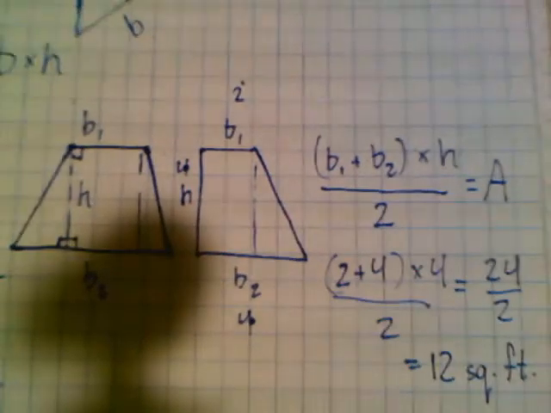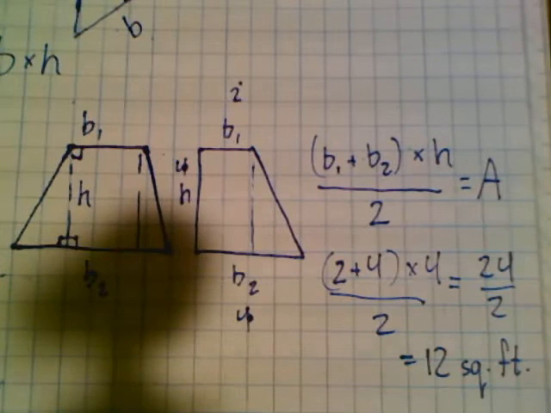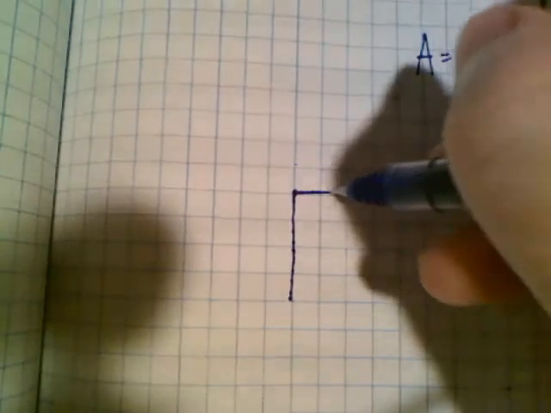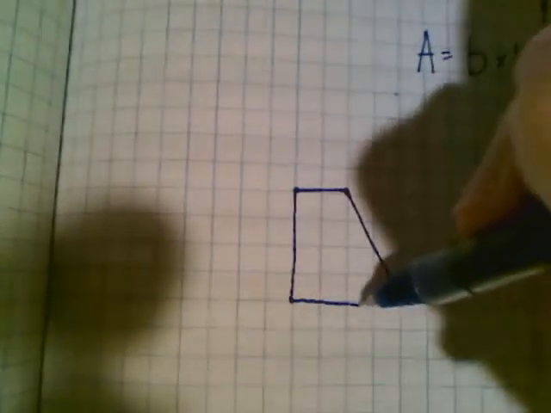Alright, now if you just want to know how to use this formula, you can stop watching now. But for those of you who want to know where this formula comes from, keep watching, and I'll make it make sense why we can do this to find the area. Imagine, in the case of a right trapezoid, which is kind of a simpler example, I took this right trapezoid and I copied it and flipped it.